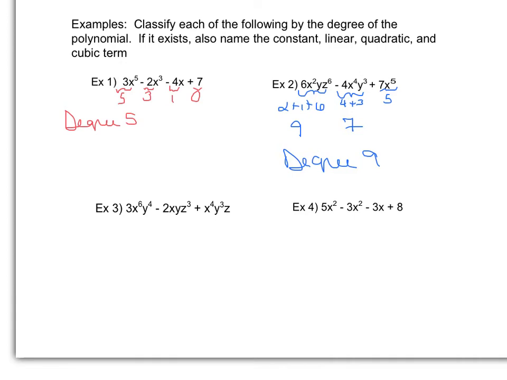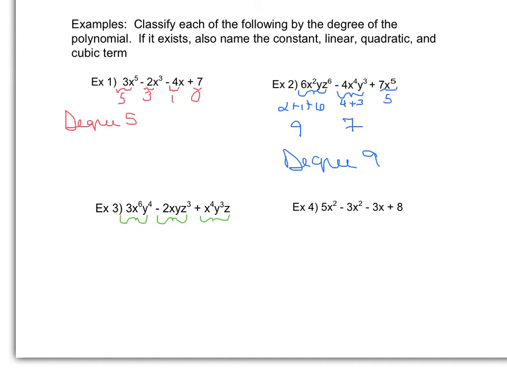Going on to examples 3 and 4, if you feel like you've got it, these are great ones to pause and try. On example 3, again, I have 3 terms. I have more than one variable, so I'm not going to have to worry about naming the different terms, but I do have to find the degree, so I add the exponents on each monomial.